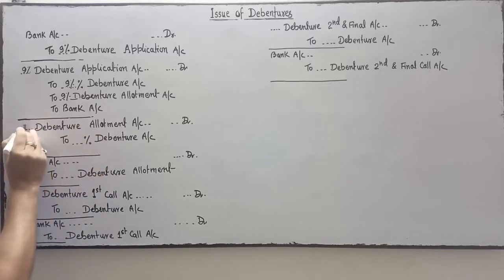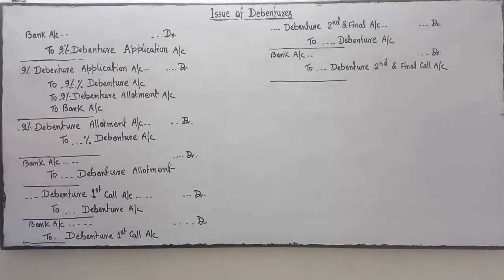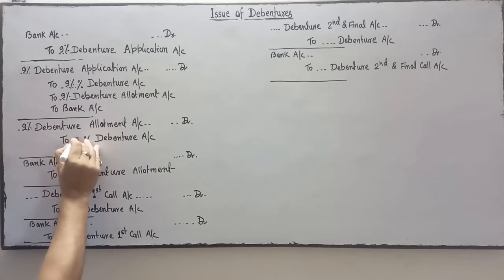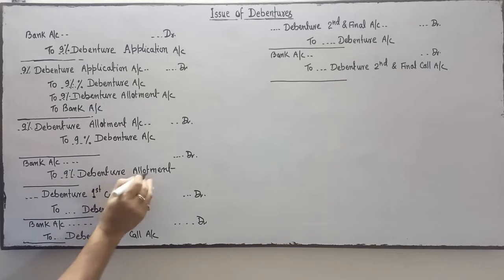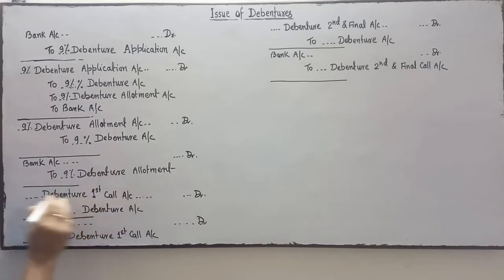Again, debenture allotment, we have to write 9% debenture allotment account debit to 9% debenture account when the debenture amount is due at the time of allotment, and when we get the allotment money, then bank account debit to 9% debenture allotment. At the time of first call, 9% debenture first call account debit to 9% debenture account.